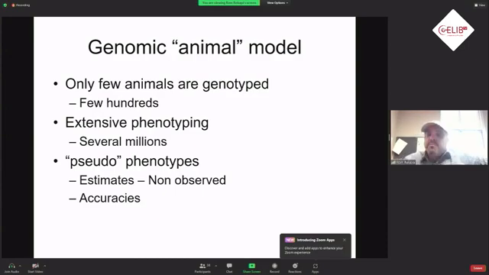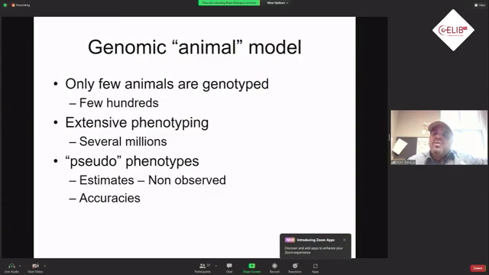Again, in the majority of cases, even up to today, the majority of the animals in the pedigree are not genotyped. Let's say if we take the dairy population in the US, which is a huge population and perhaps the most genotyped population in the world, where we have millions of animals that are genotyped, still, if you look at the pedigree of the Holstein breed in the US, we have tens of millions.